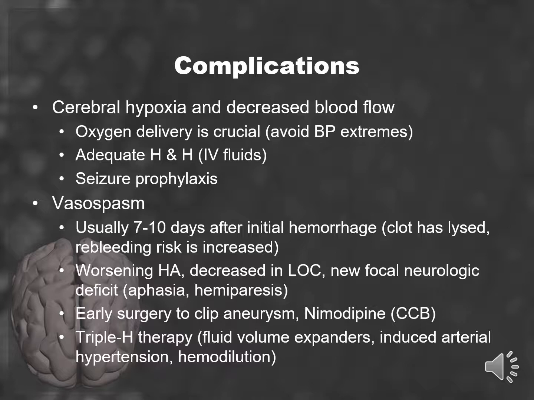And then another thing that they've found is triple H therapy, which the purpose of triple H therapy is to expand the volume through fluids, so using fluid volume expanders to make them hypervolemic. Another thing they do is induced arterial hypertension. So if they increase that pressure within the vessel, it's going to be less likely to narrow.